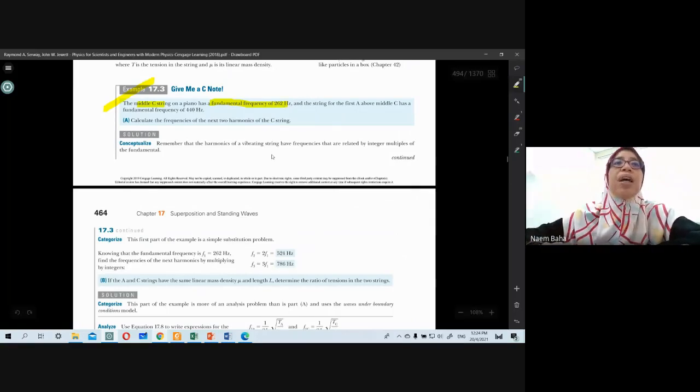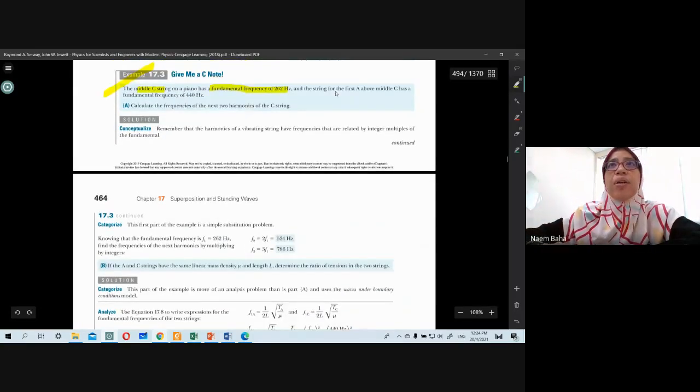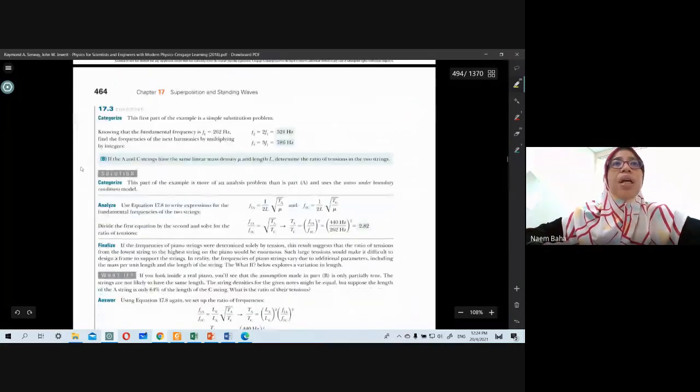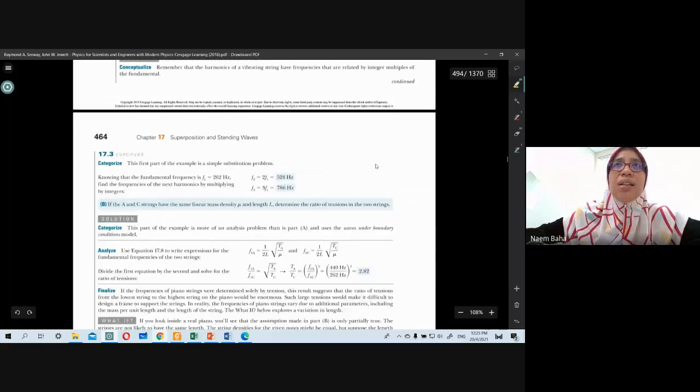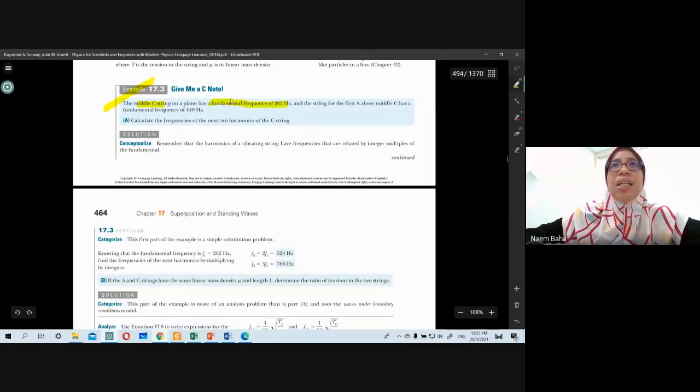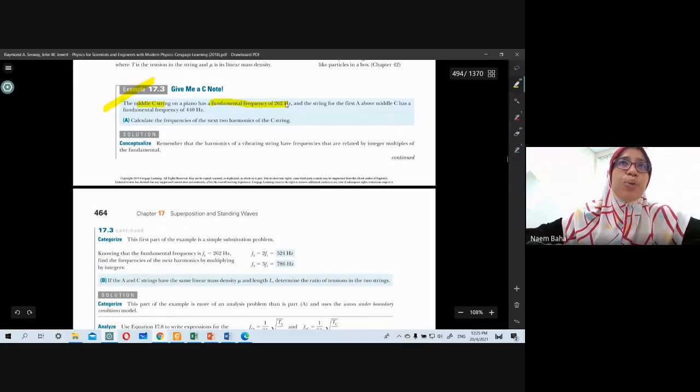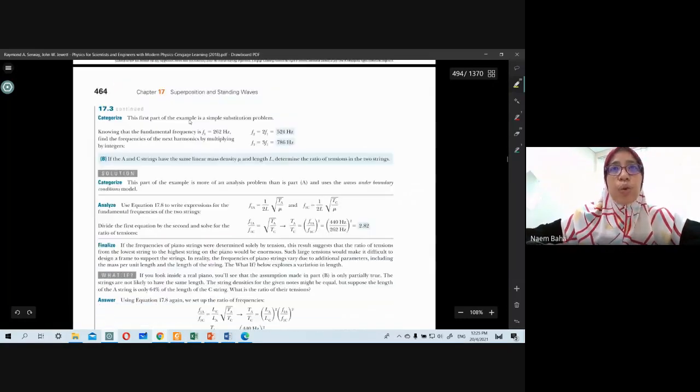That's it. Now, the string for A above middle C has a fundamental frequency of 440. Hold on to that. If A and C have the same linear mass density, determine the ratio of tension in the two strings. So there are two strings, one is C and the other is A, and they have different frequencies, 262 and 440.